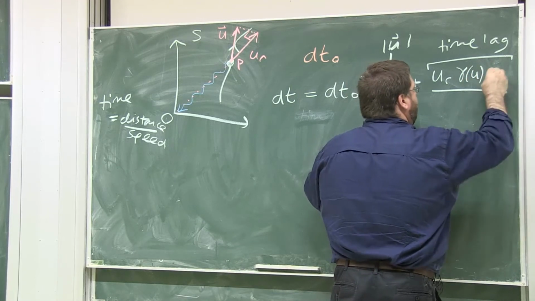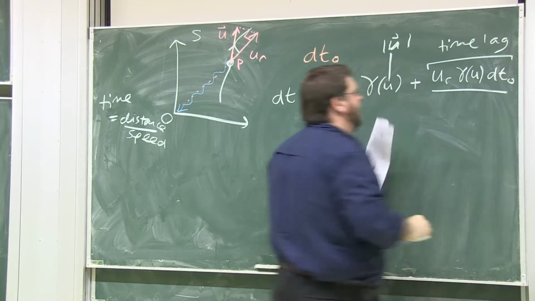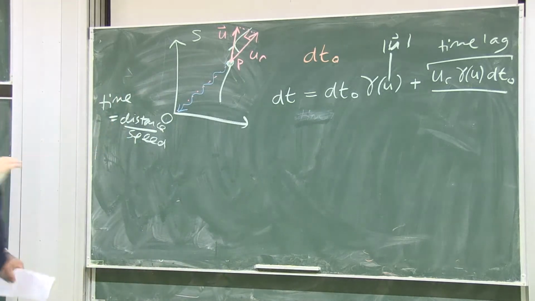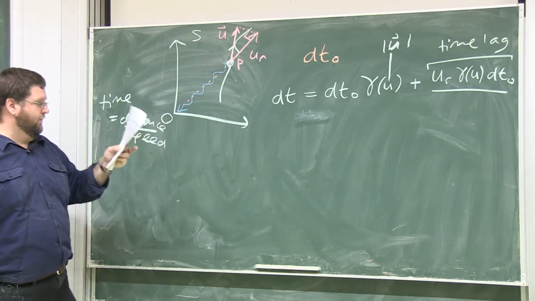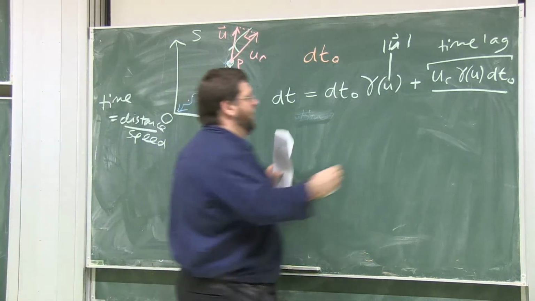And the time between emission events, we just argued, is gamma dt naught. So this numerator is the distance travelled between two successive emission events emitted from the point P, all relative to O. We divide by the speed of light.